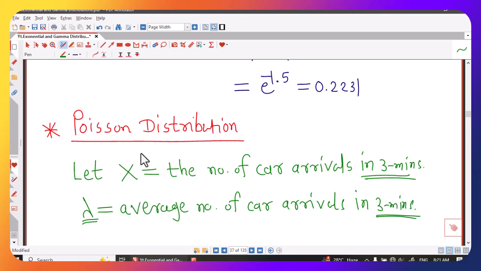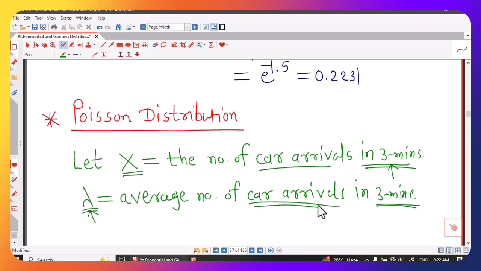But for Poisson distribution, parameter lambda is the average number of events in a given interval, and that interval we decide from the question and we define the random variable in that sense. So for Poisson distribution, the random variable is the number of events in a given interval, and parameter lambda is the average number of events in a given interval.